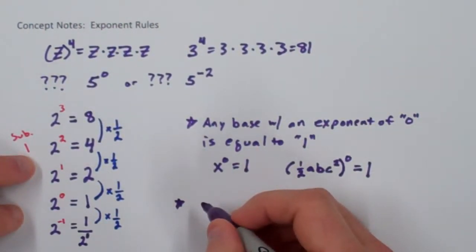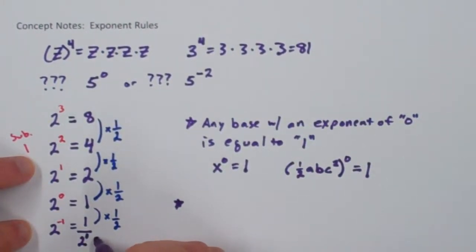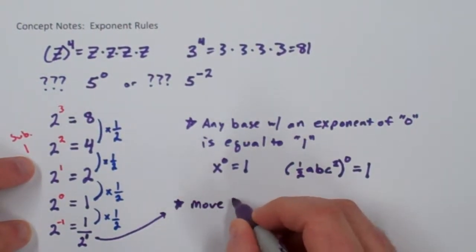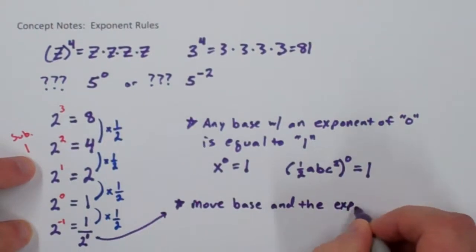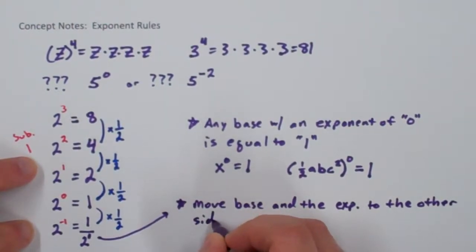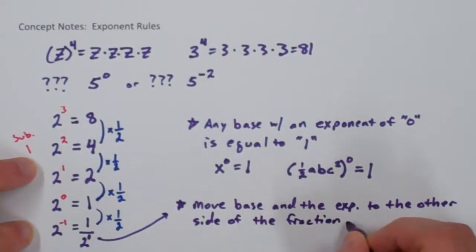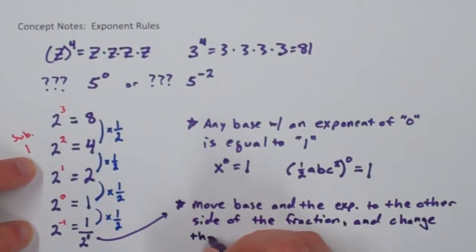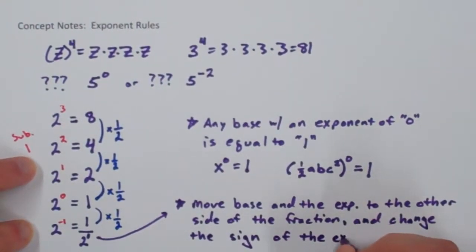So if you have a negative exponent, what you can do, and so we'll just write an arrow here, is move the base and the exponent to the other side of the fraction. And you also have to change the sign of the exponent.